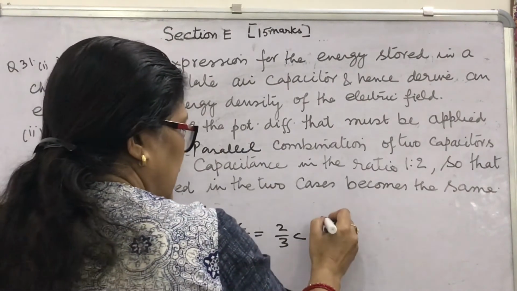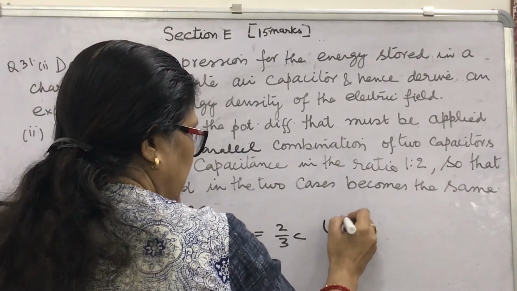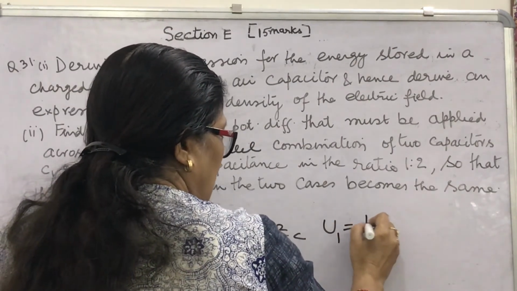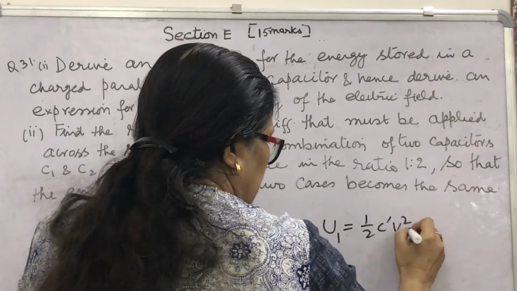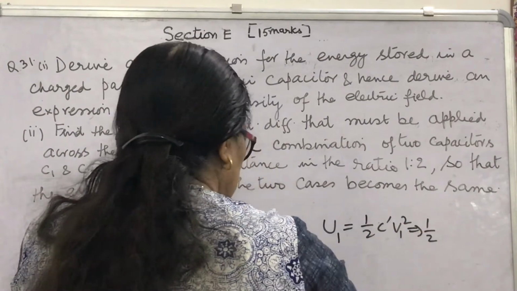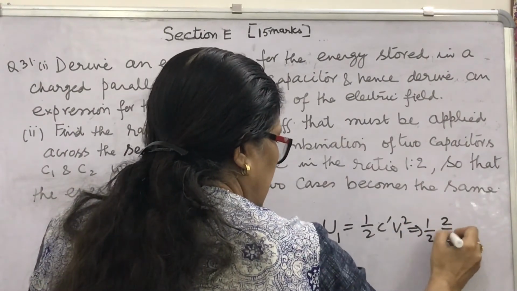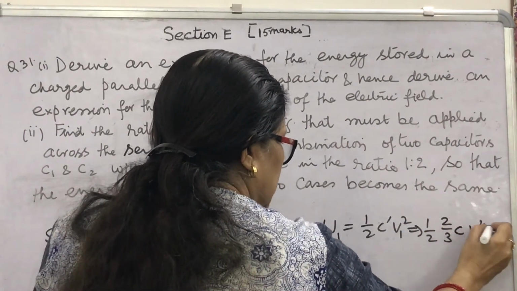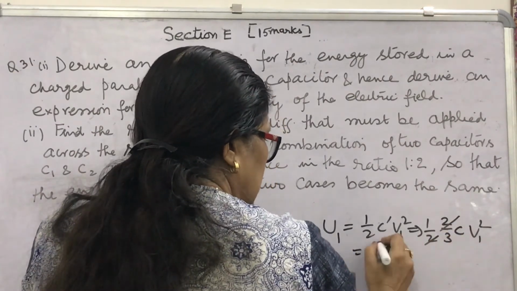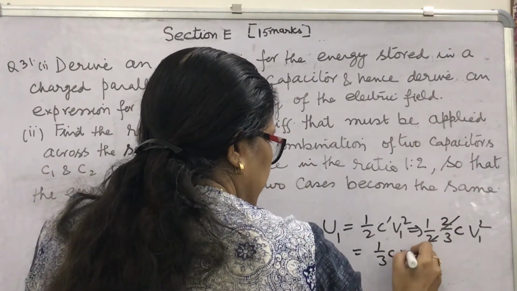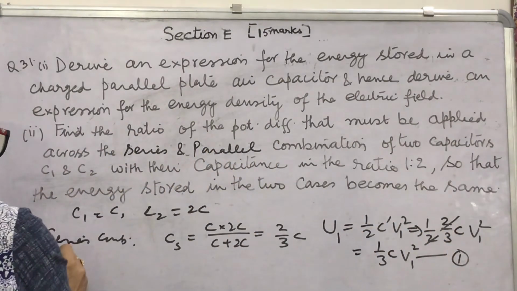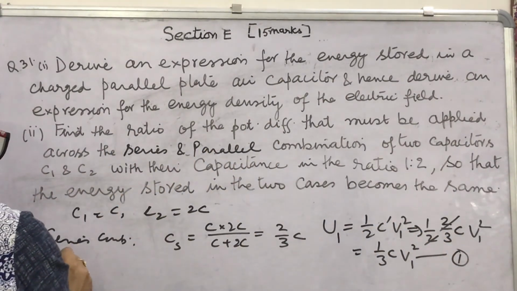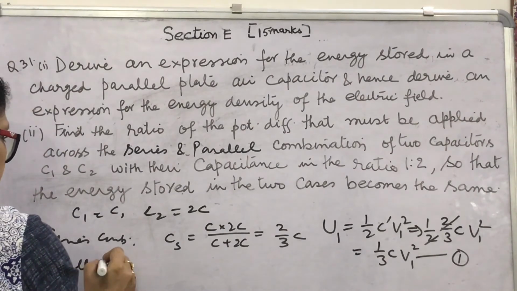And what will be the energy? This is U1. Then U1 will be half C dash V1 square. What is C dash? 2 by 3 C V1 square, 2 cancels, so it is 1 upon 3 C V1 square. In the second case, parallel. In the parallel combination, what will you find?